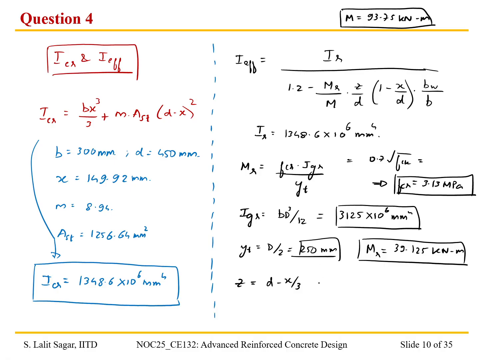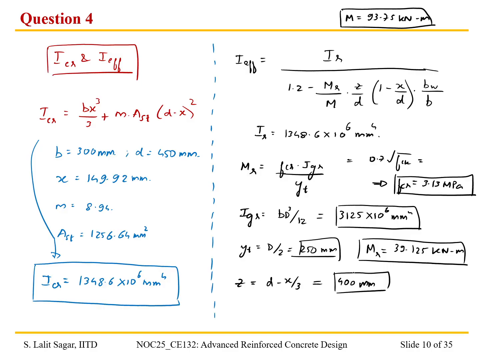We know that X is 149 millimeter, so the value of Z turns out to be close to 400 millimeter. If there is any doubt in the calculation, you can always put it in the comment of the YouTube video. I'll be happy to address them.